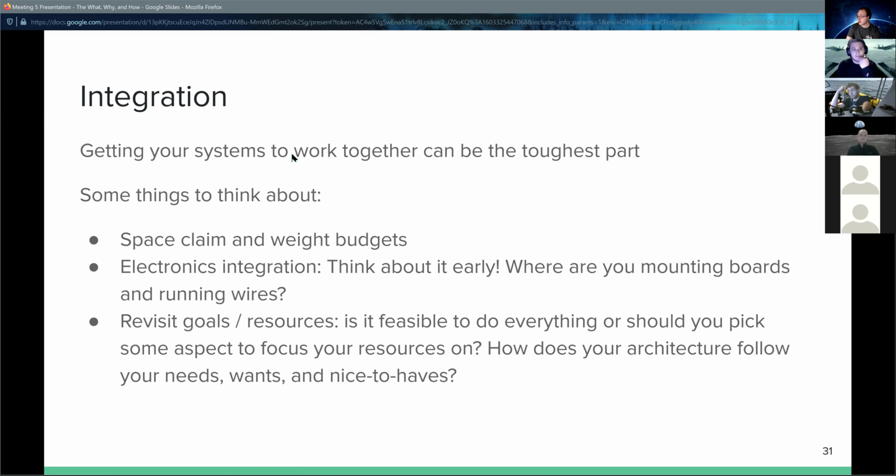toughest parts. So just a couple more tips for when you start looking at your design. This is something you'll be looking at later on, but it is nice to start thinking about. Space claim and weight budgets, both very important.